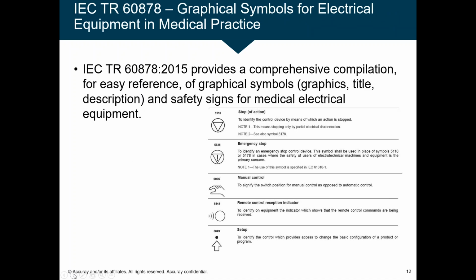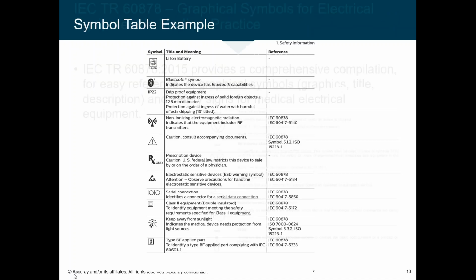And as long as you are saying we're using this graphic from 15223 and we're using this graphic from 6061, you're covered. But there are instances where you're going to have conflicting information in these standards, and you just need to work that out within your internal teams to help decide which one you're going to use or how to stay compliant.